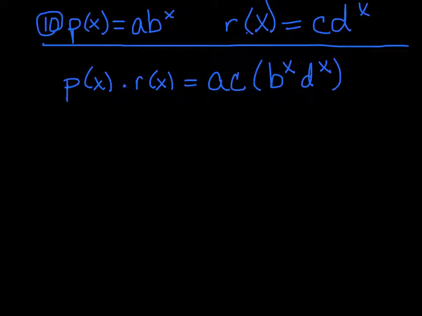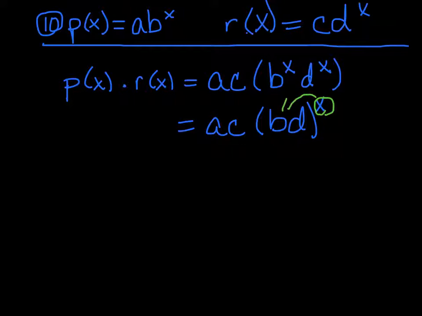Now, that doesn't match any of the multiple choice answers, but if we go just a step further, what you'll notice is if I write b and d on the inside and that exponent x on the outside, another way that we can look at this is, remember, if we have a power on the outside, that means everything on the inside of the parentheses is being raised to that power.